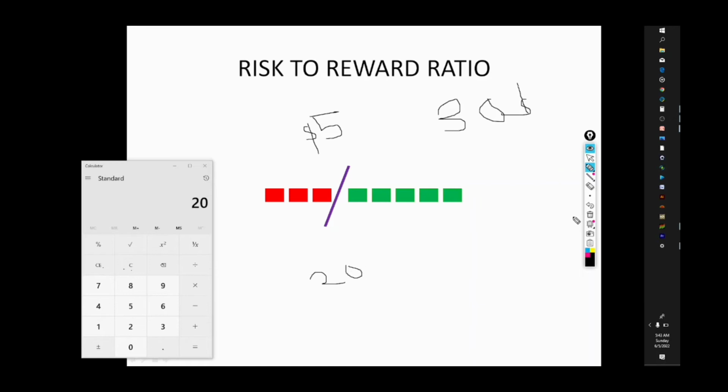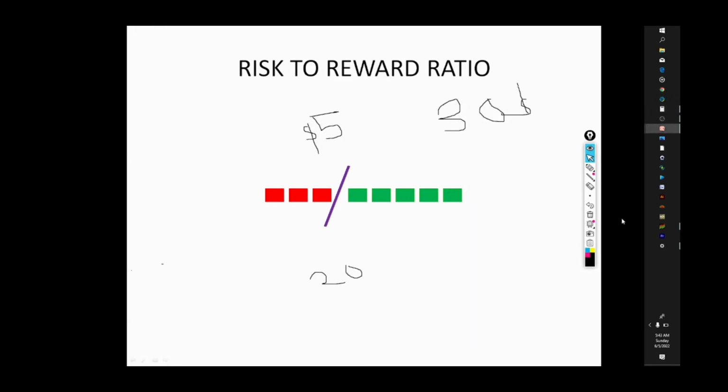Now, after losing 4 trades, you go ahead and make one trade profit, which is your $30. You understand what I'm saying now?